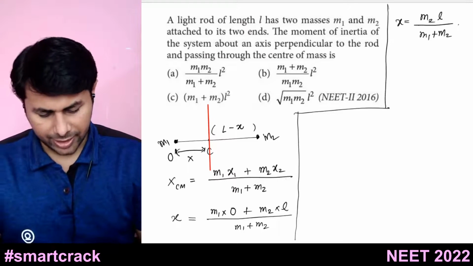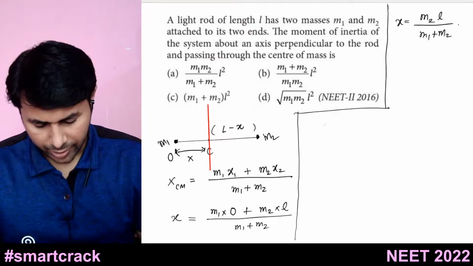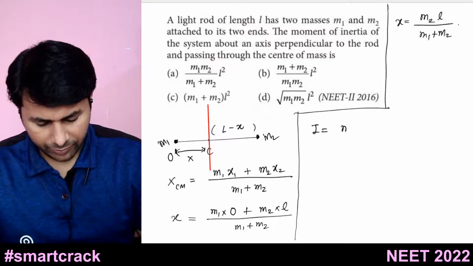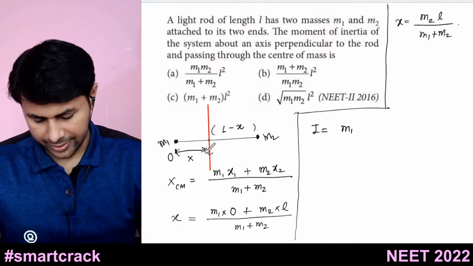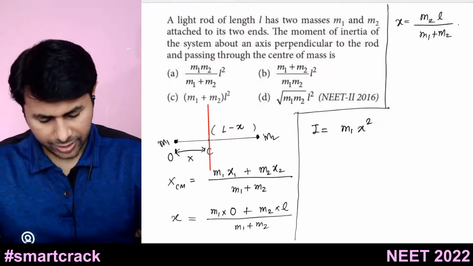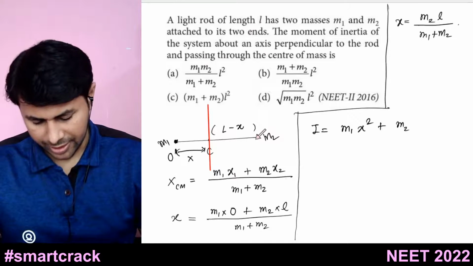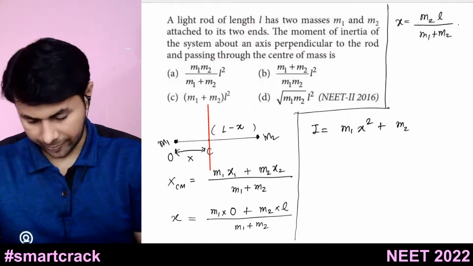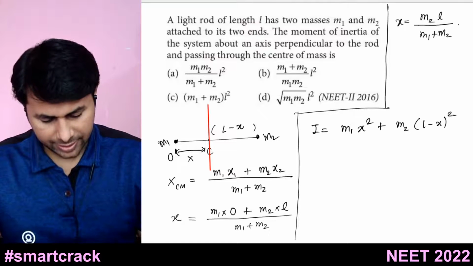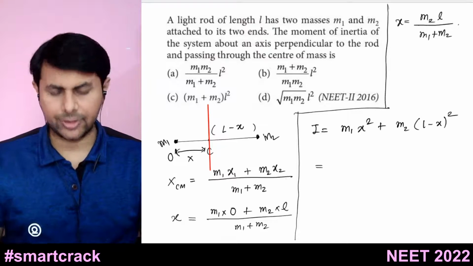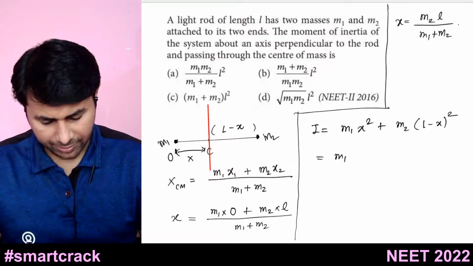To find moment of inertia, I equals m1 into the distance of the first particle from this point, which is x, x square, plus m2 multiplied by the distance of this particle from here. So it is m2 times L minus x square, and then we have to substitute x and there will be a long calculation.